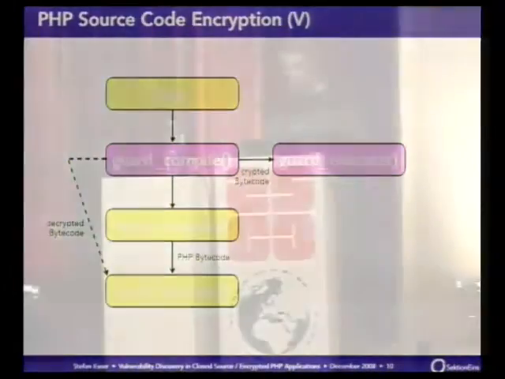And so with old cryptors, once you had hooked the execute function, you had the original bytecode and could work on the bytecode. With newer cryptors, the complete executor is replaced with something different. And so in this case, Zend Optimizer executes this encrypted PHP and not the PHP engine.